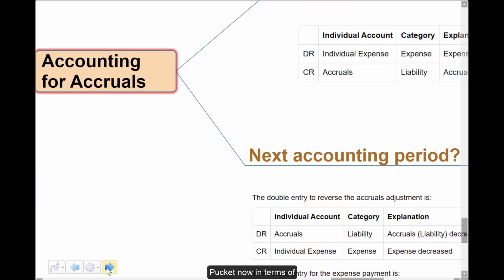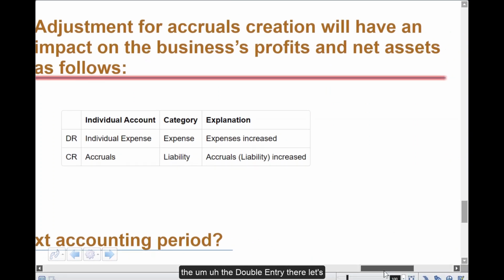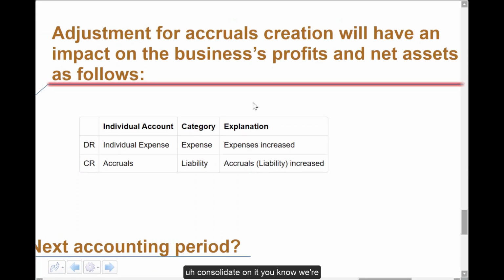Now, in terms of accounting, as I've just been through the double entry there, let's consolidate on it. We're going to have a variety of different accruals, not just heat and light, I can assure you of that, certainly in my experience of doing accounts. So in terms of the impact, this is the double entry as just touched on in relation to the example for heat and light or electricity.